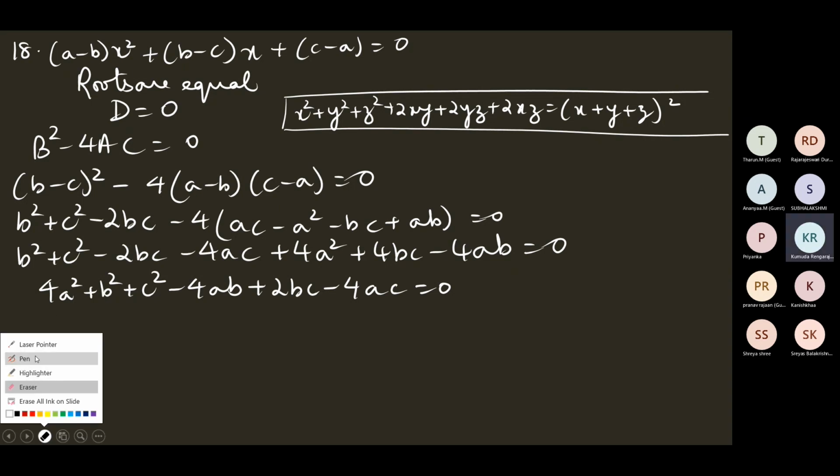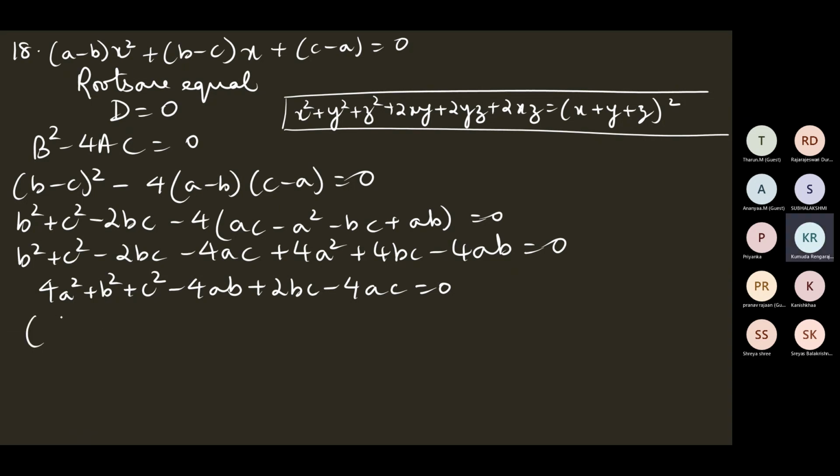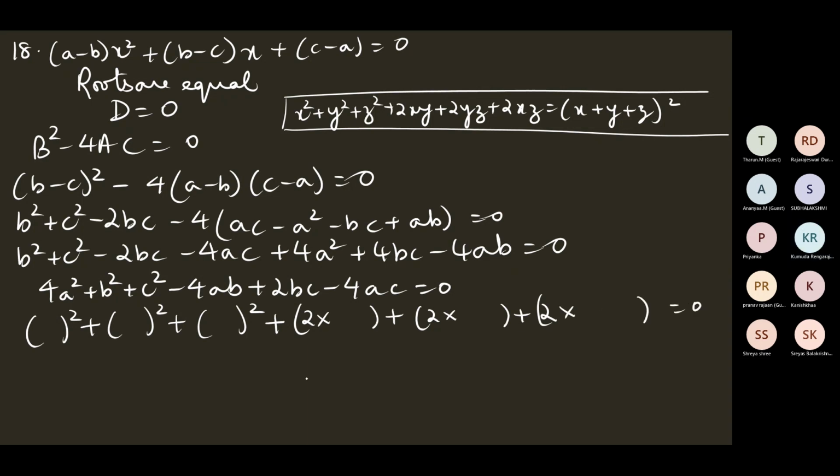You're trying to show that it's of the form x square plus y square plus z square plus 2 into x into y plus 2 into y into z plus 2 into x into z is equal to 0. You're trying to show that these 6 terms go with the left-hand side of this identity.